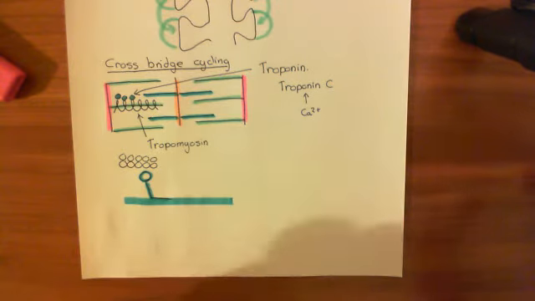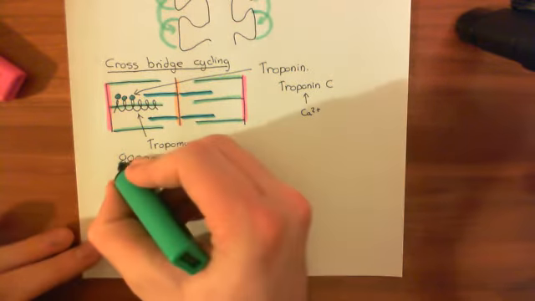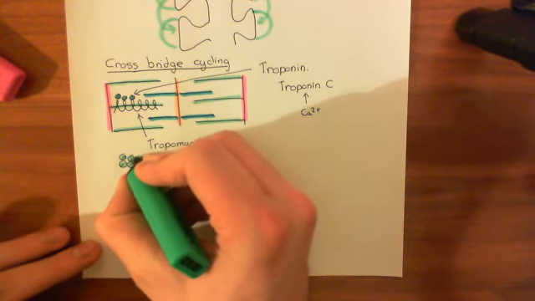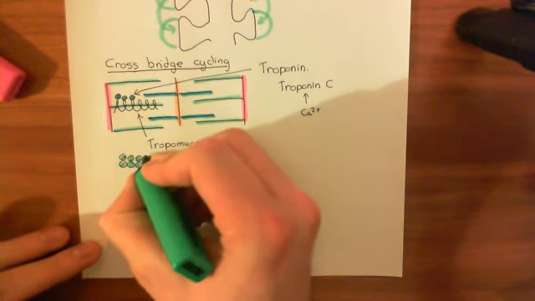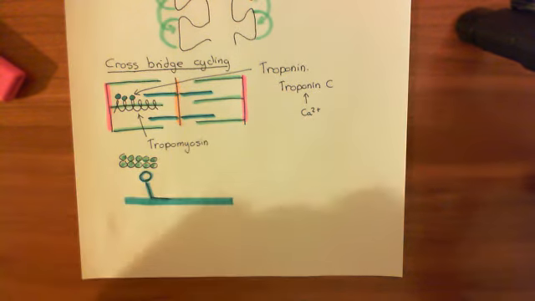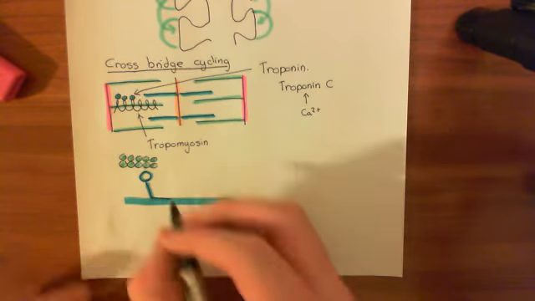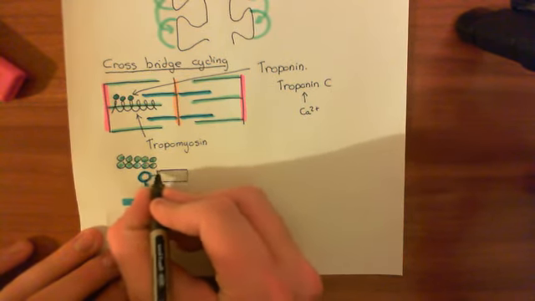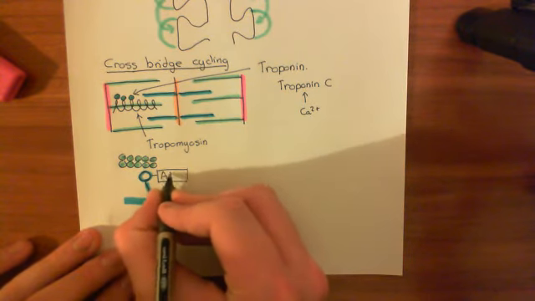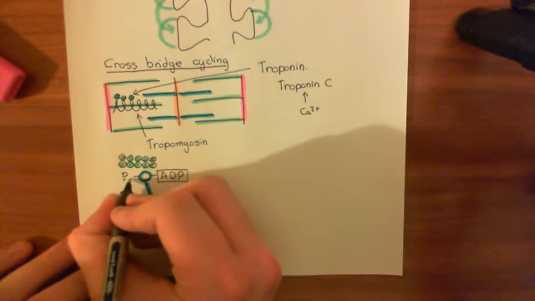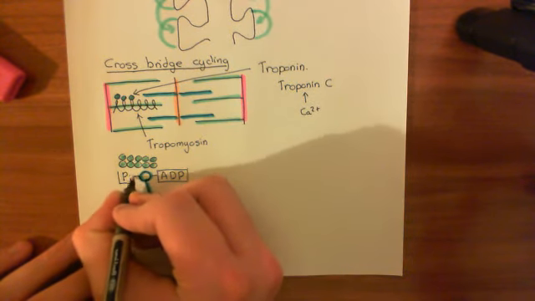This myosin head begins the crossbridge cycle with adenosine diphosphate, ADP, and an inorganic phosphate molecule attached to it. So at the beginning of the crossbridge cycle, the myosin head has adenosine diphosphate, ADP, and it also has an inorganic phosphate molecule bound to it.